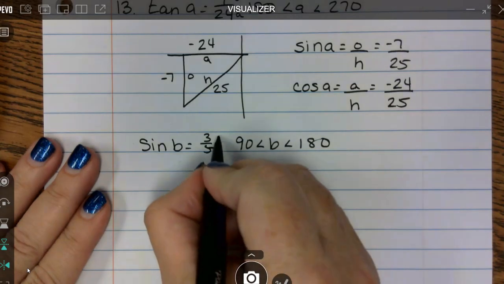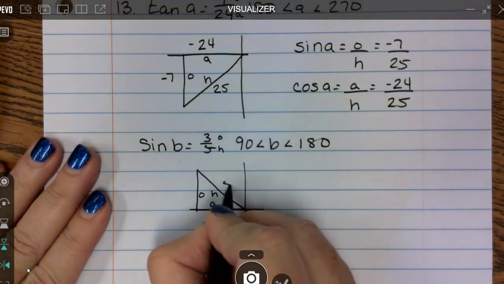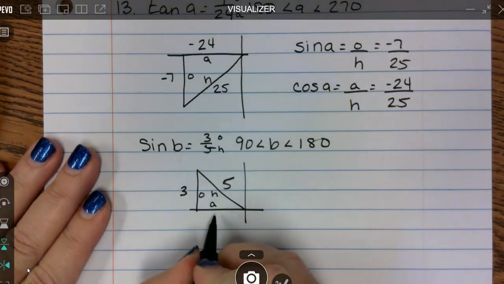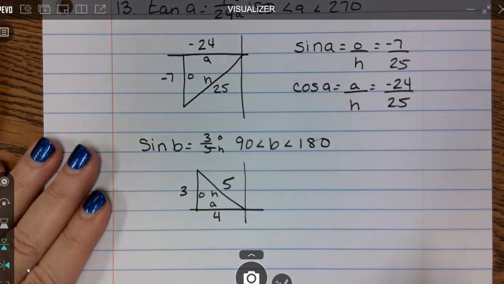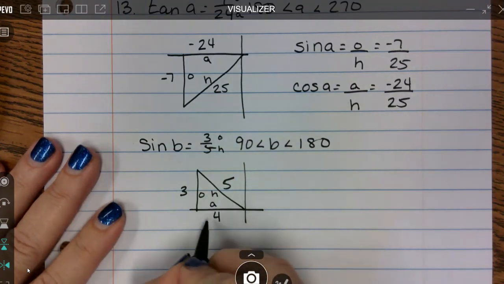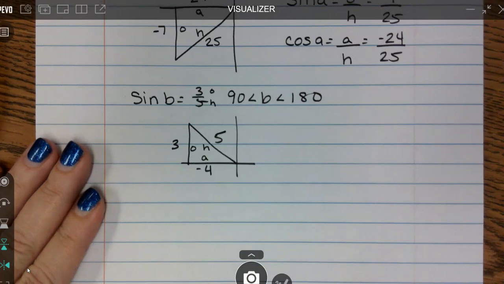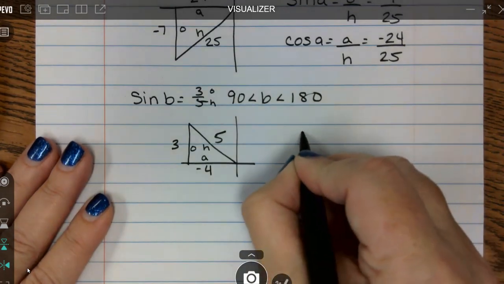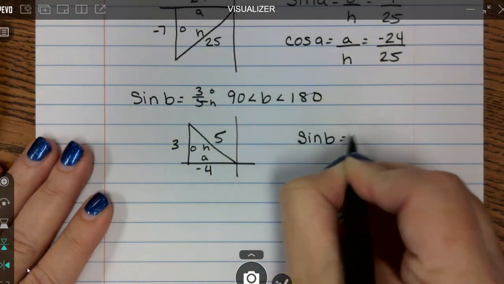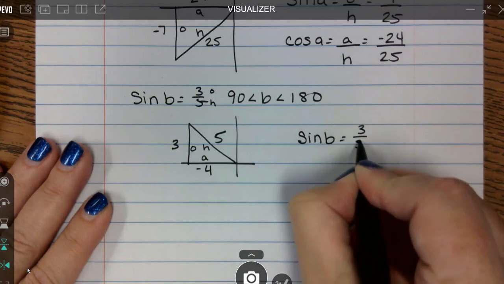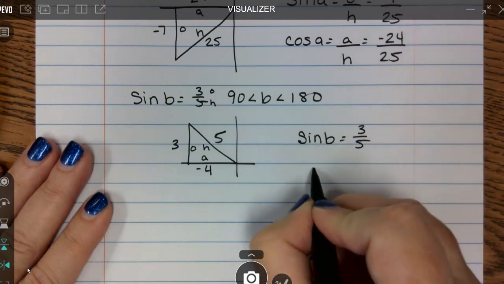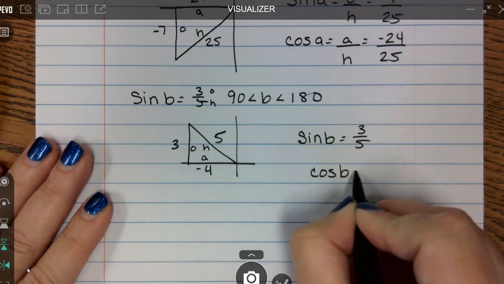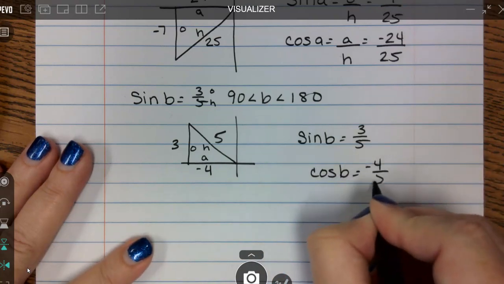So sine is O over H, so 5 and 3. And this is a 3, 4, 5 triangle. But because we're in quadrant 2, that needs to be negative. So I need sine of B, which is 3 over 5. And I need cosine of B, which is negative 4 over 5.